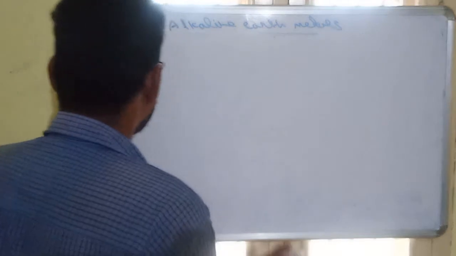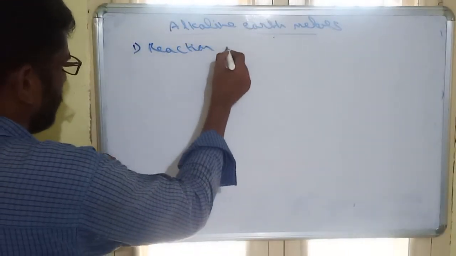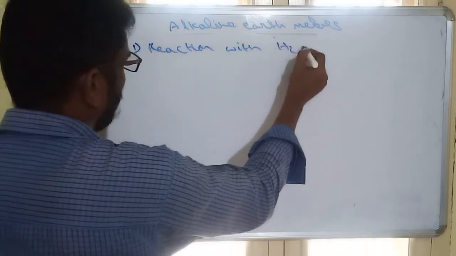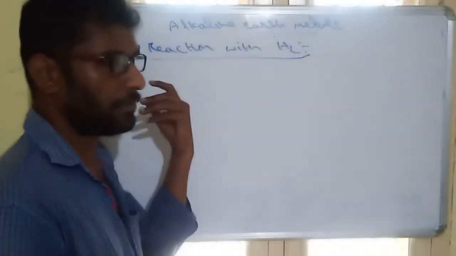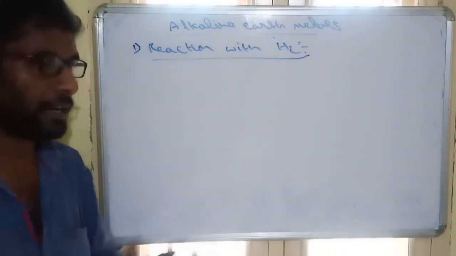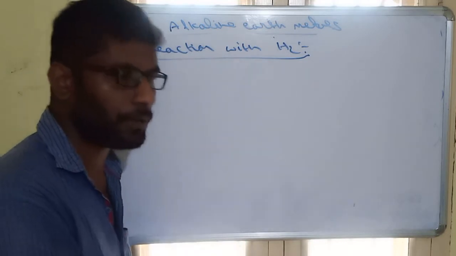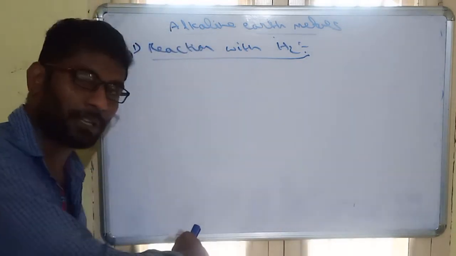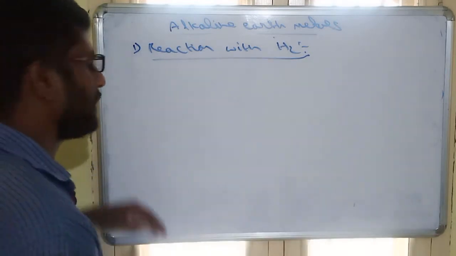For example, the first one is the reaction with hydrogen. Normally all elements combine with hydrogen and form hydrides. But beryllium does not react directly with hydrogen because of its low reactivity. Reactivity increases from top to bottom. Since beryllium is less reactive, its hydride can be prepared indirectly.